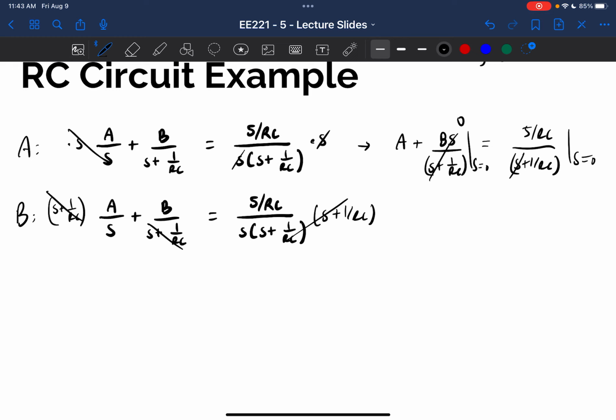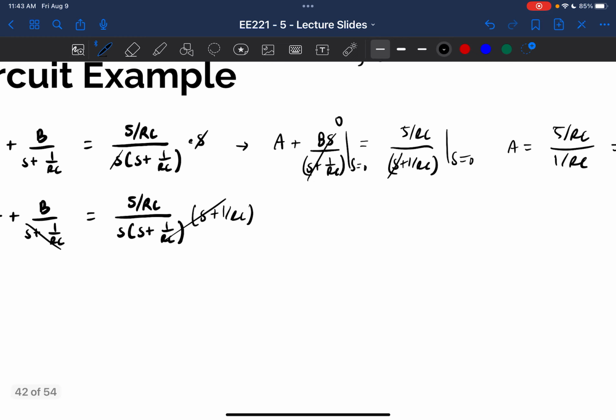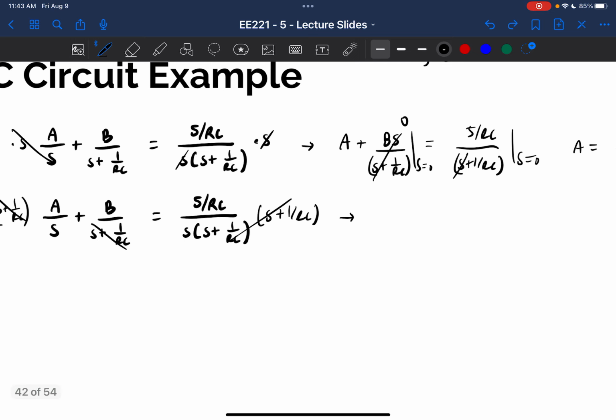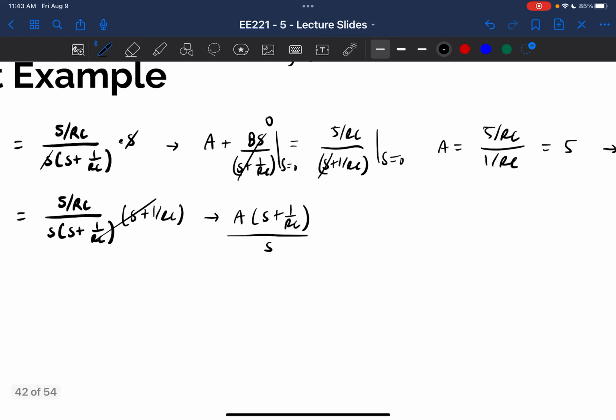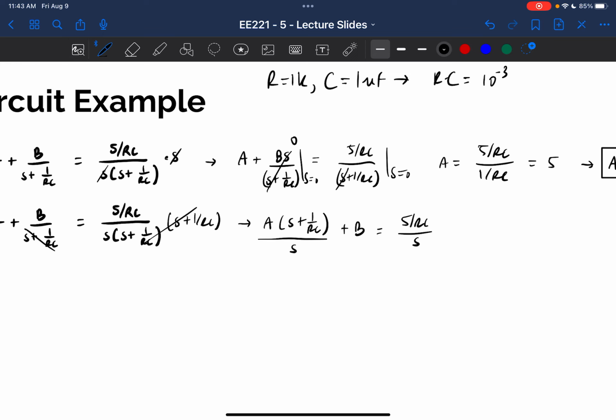And so let me rewrite this as A times S plus 1 over RC divided by S plus B is equal to 5 over RC divided by S. And now, of course, we evaluate both sides at S equals minus 1 over RC so that we can get B by itself, right?